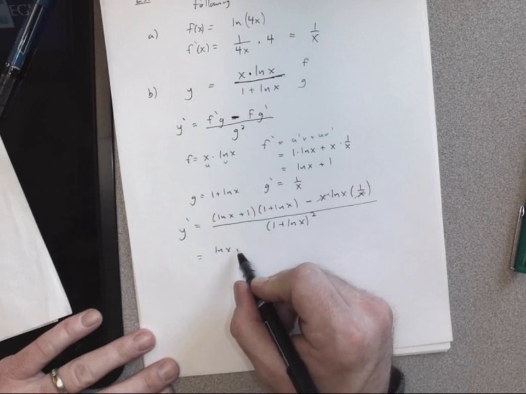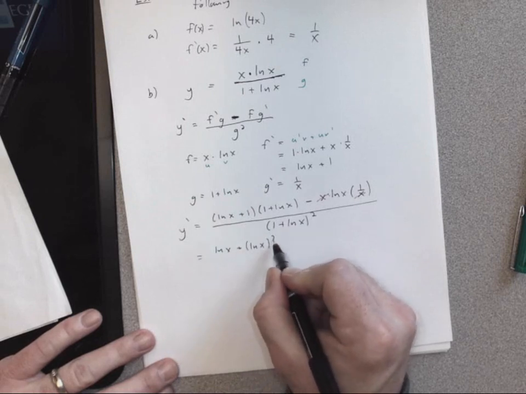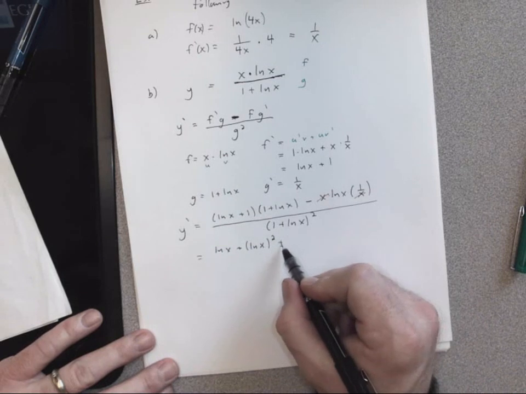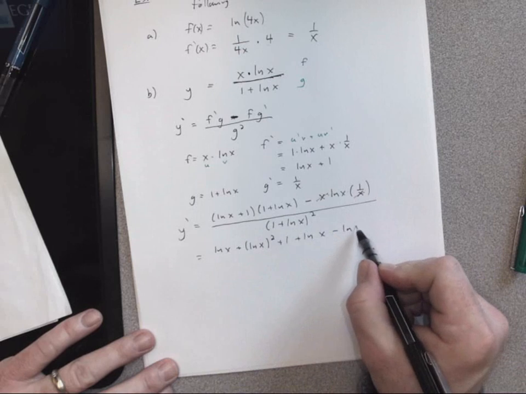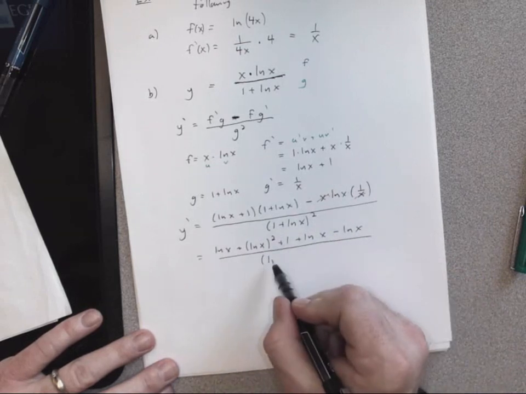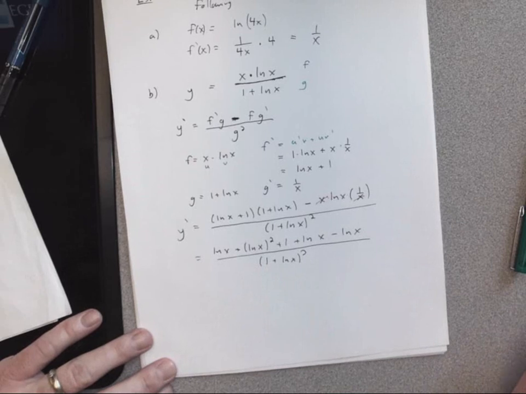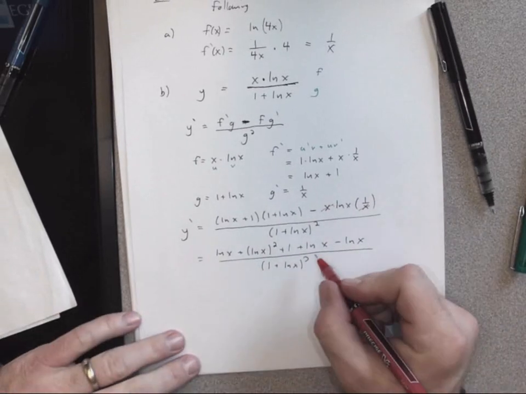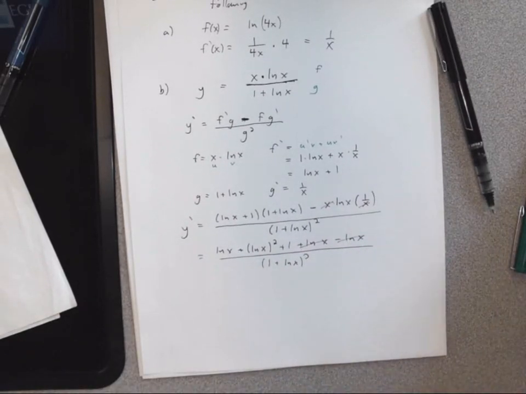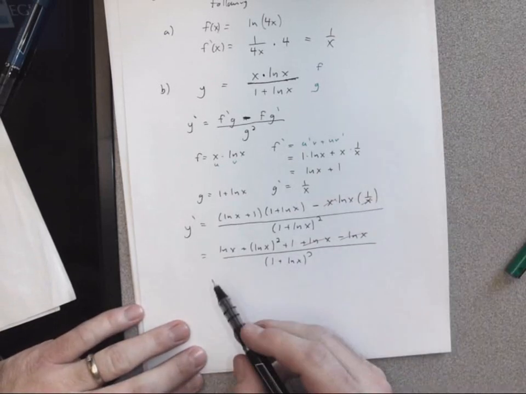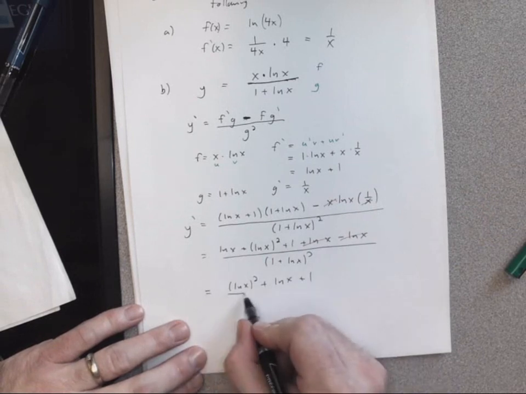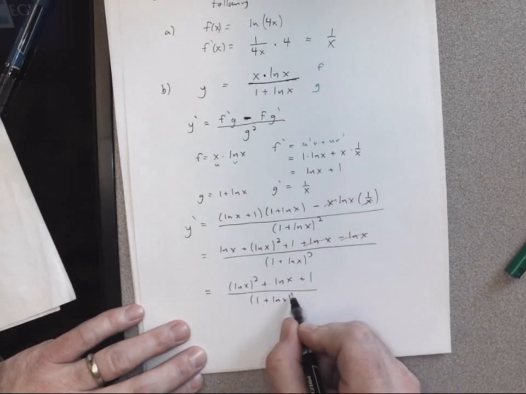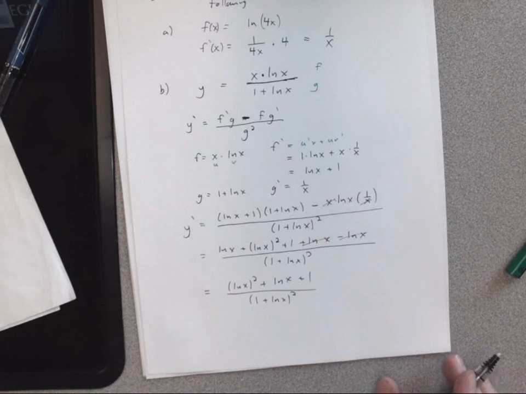Natural log of x times the natural log of x is going to be the natural log of x squared. 1 times 1 is 1, and 1 times the natural log of x is the natural log of x. Then we have minus this natural log of x all over 1 plus the natural log of x squared. What we can see is that these two will cancel here. So we're left with, I'll write it in descending order, natural log of x squared plus natural log of x plus 1 all over 1 plus the natural log of x squared. And that's it.